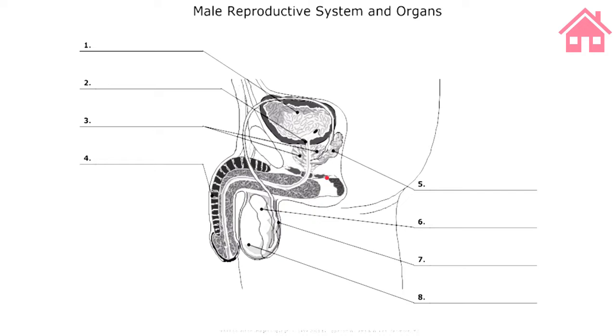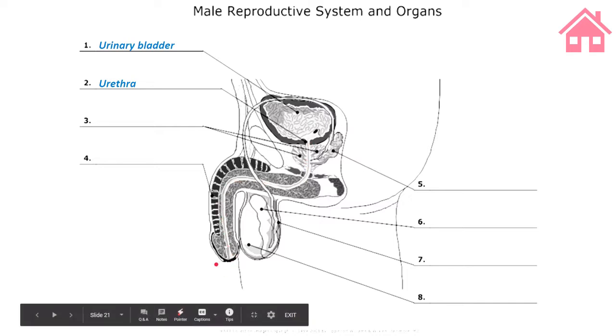So now let's review the different parts of the male reproductive system. This part, number 1, is your urinary bladder. Number 2, this structure is the urethra. It starts from the urinary bladder and leaves out of the tip of the penis.